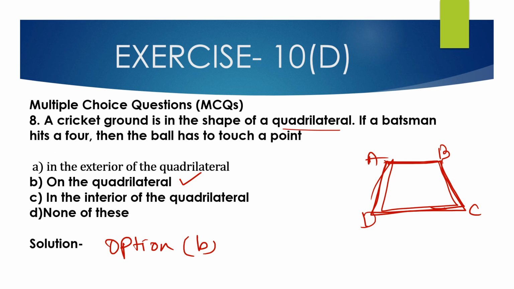If he hits a 4, then it touches the line of the quadrilateral, so it will be on the quadrilateral. Option B, on the quadrilateral, is the correct option.